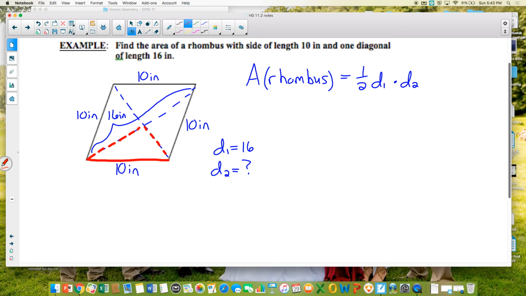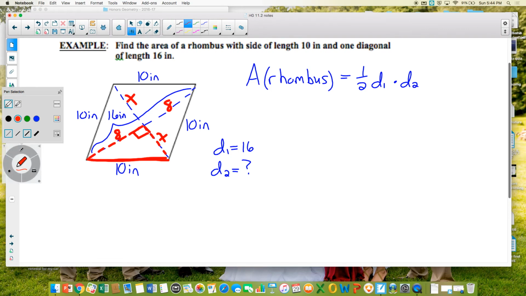If you think back a few chapters, in a rhombus the diagonals are perpendicular and they also bisect each other. So that means this segment is 8, this is 10, we have a right triangle, and we can find our missing piece. We can call that x, and over here this is also x, because diagonals bisect each other in a rhombus.